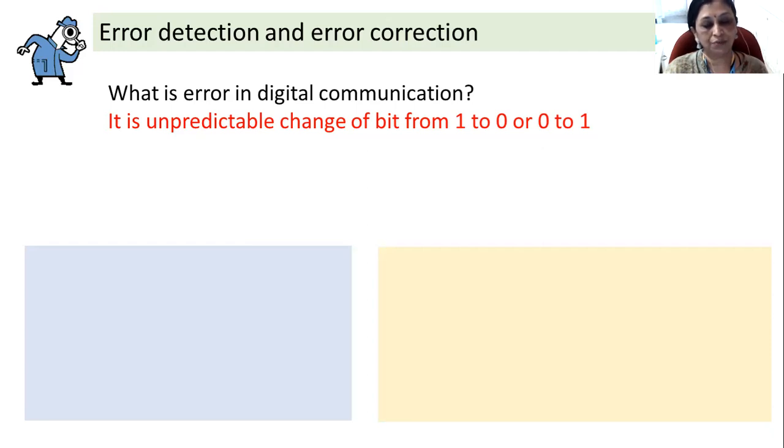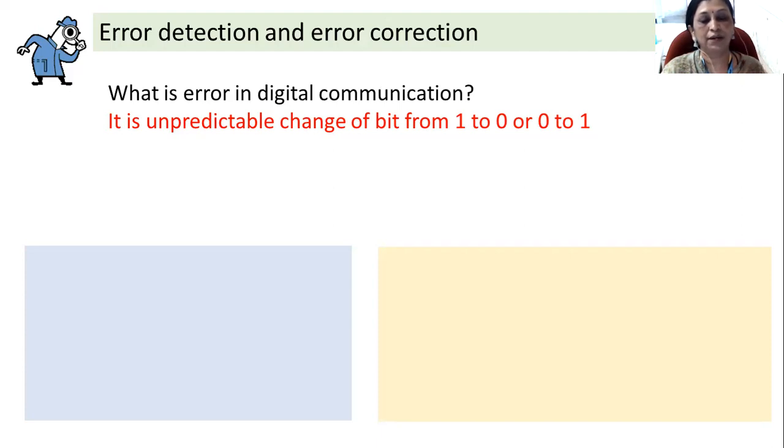If somebody is transmitting information from one end to another end, the person transmitting information is known as source and recipient is known as destination. Whatever data is transmitted from the source, the same thing must be received at the destination.